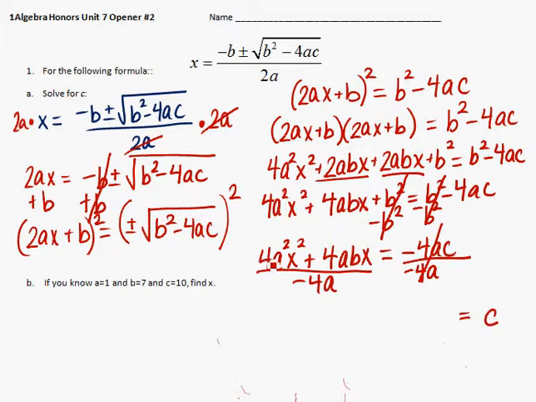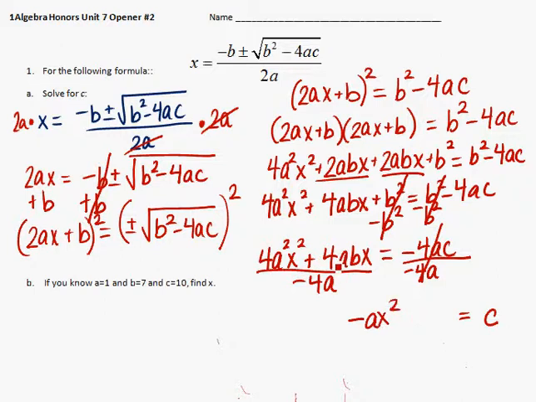On the left-hand side, I need to remember to distribute that negative 4a to both of these terms. So if I start with the first term, 4 divided by negative 4 is negative 1. So I'm just going to write a negative. The 1 is implied. And then I'm going to divide a squared by a, and I get a. And then I can't forget my x squared that's still there.